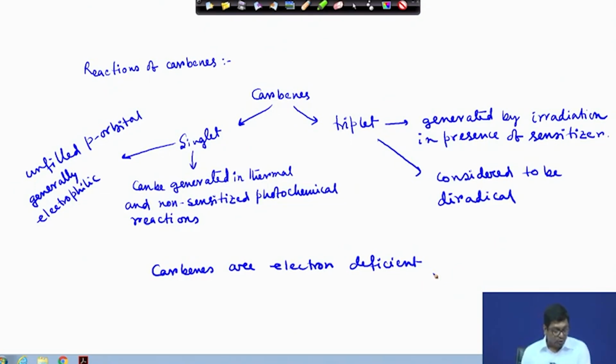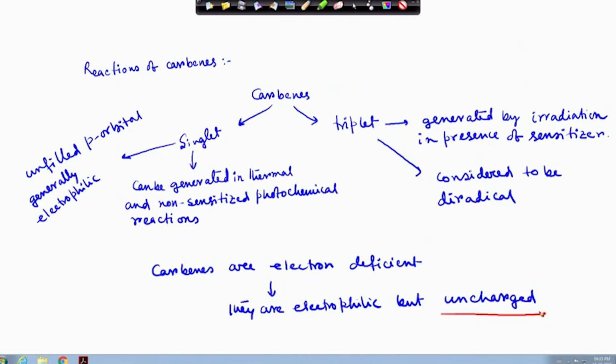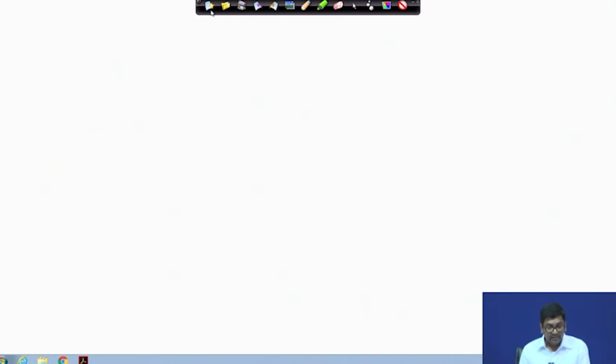But they are uncharged. This is very important. Once they are uncharged, they will react in a different manner.